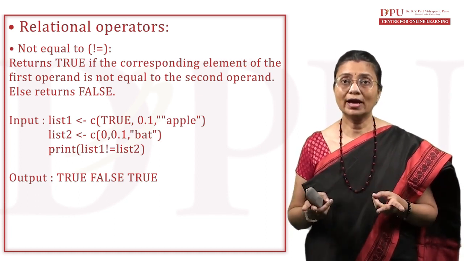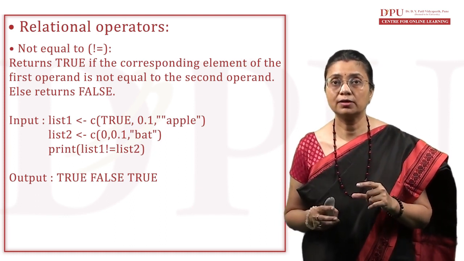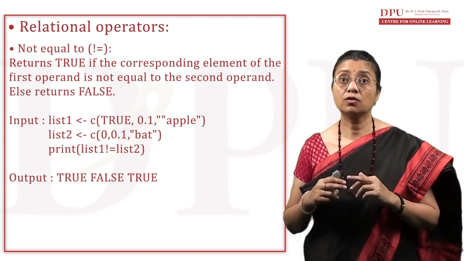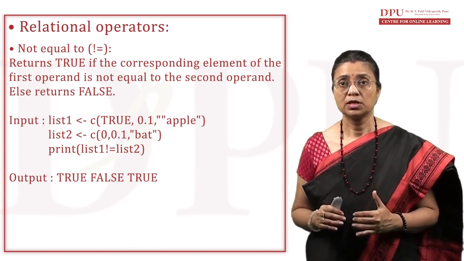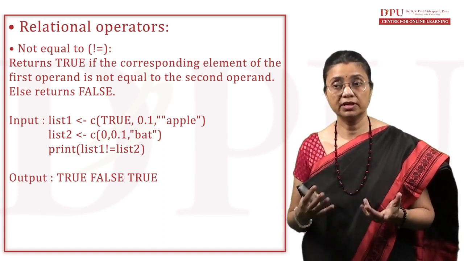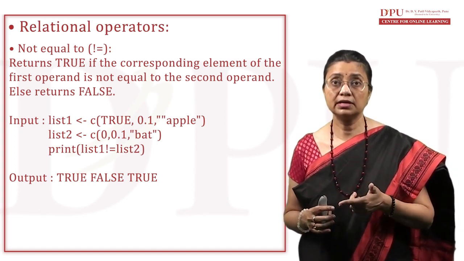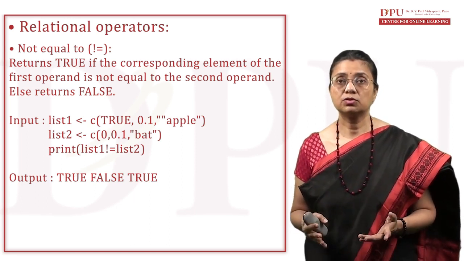So if the corresponding values of the two lists are different, which means they are not equal, only then you will get a true. So sometimes we have to check, are the two values in the list differing or not. So if they are different, in that case, it will be a true, otherwise it will be a false.